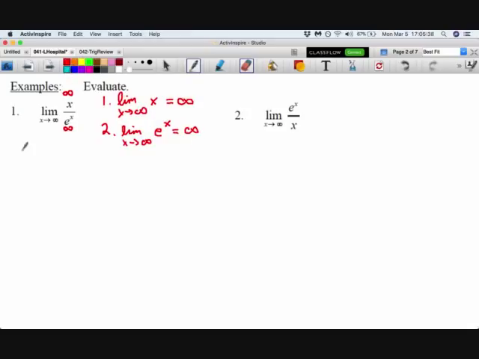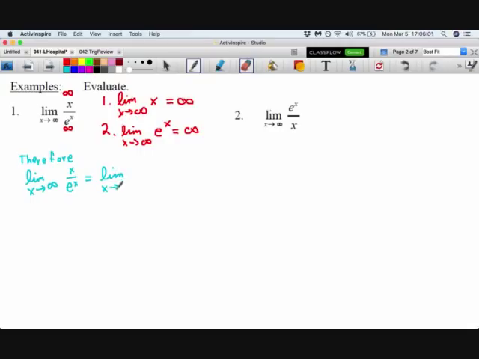So therefore, they want to see that you're checking these two things. Therefore, or thus, or so, this limit equals this limit.